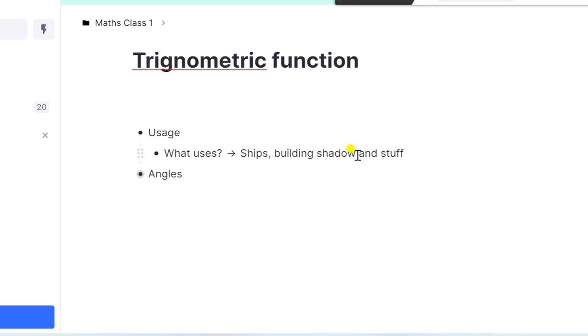We were also making notes. First is the usage. Trigonometry is used in ships, building shadows, and other things like this. In ancient times, people also used it for a lot of things like constellations, figuring out where they are, and we also use it in the parallax method, which we learn about in physics.